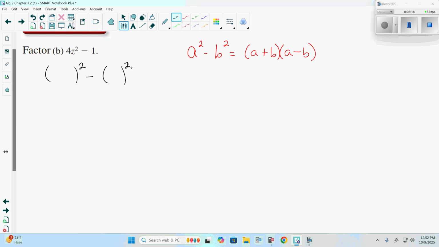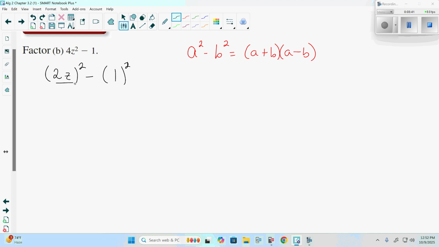What times itself is 4z squared? What times itself is 4? 2. 2 times 2 is 4. Yes. What times itself is z squared? z. Because 2z times 2z would be 4z squared. So it is a perfect square. 1 is a perfect square.